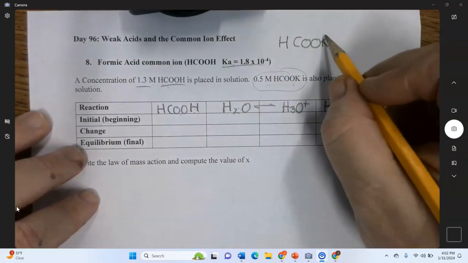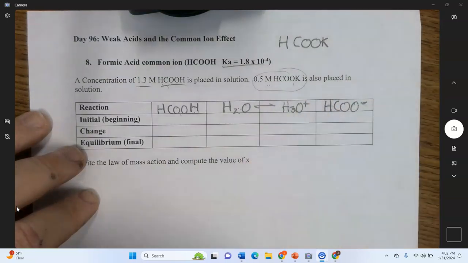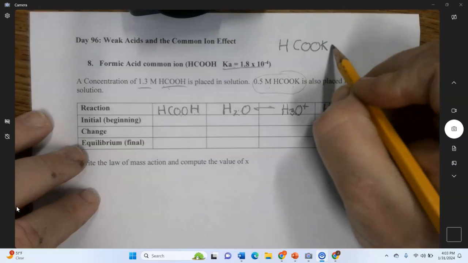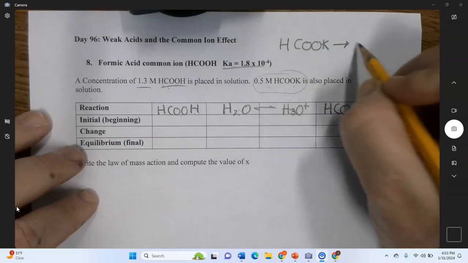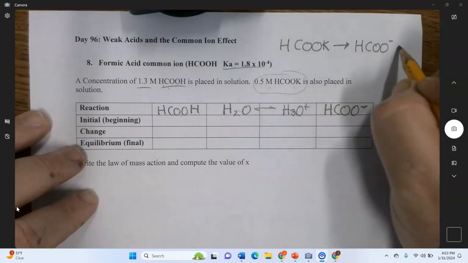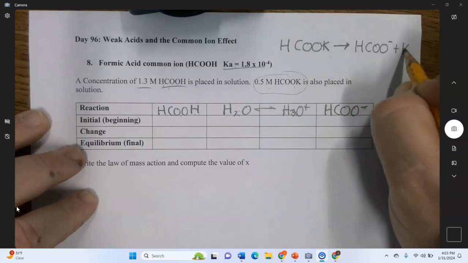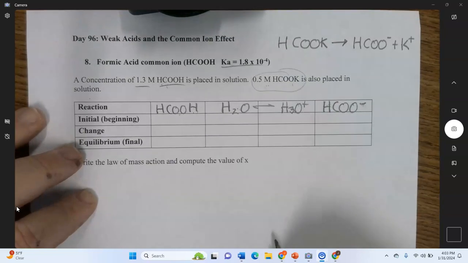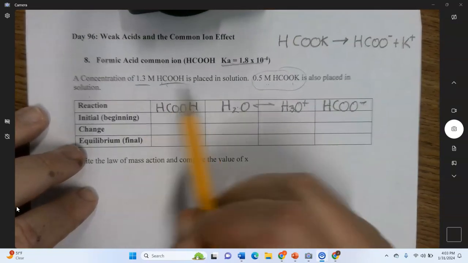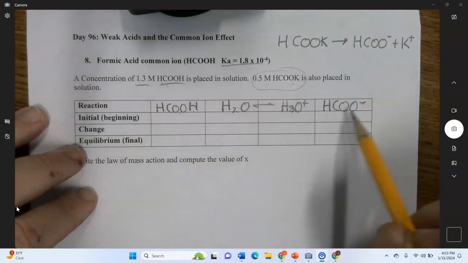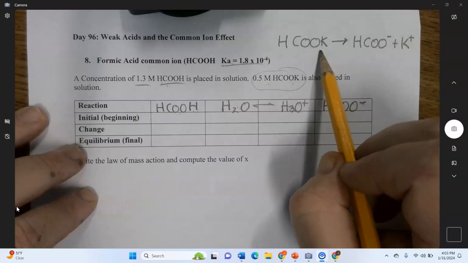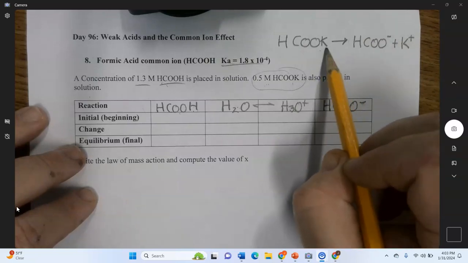So we know from our solubility rules that potassium dissociates with anything it's attached to. So that's going to produce this reaction, plus the potassium ion. So notice that the ion produced by formic acid is exactly the same as the ion produced by what's called potassium formate. Okay?